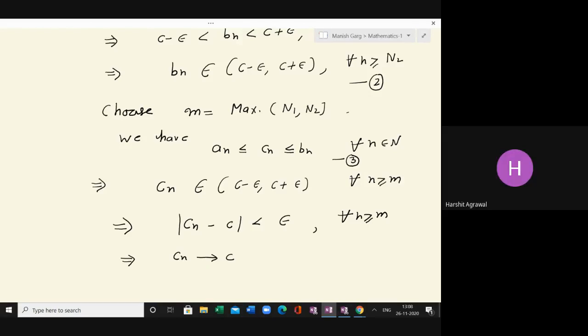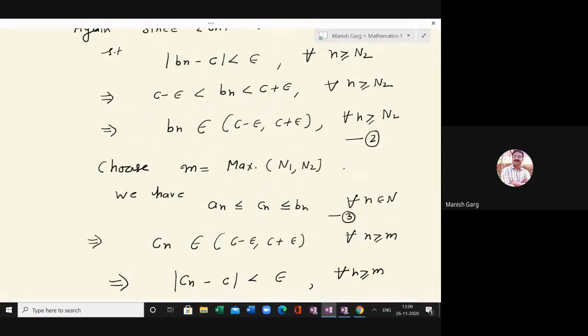Sir, can you explain after the third equation? Please explain after equation 3. The third is saying, it is given, actually this is the given condition: the value of cn lies between an and bn for all n equal to 1, 2, 3. So suppose n1 is equal to 4 and n2 is equal to 6.